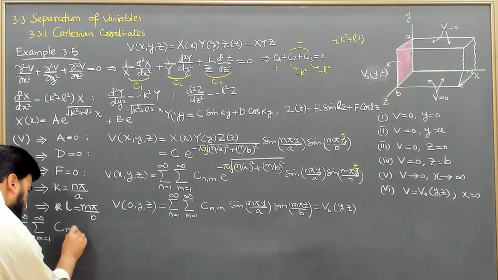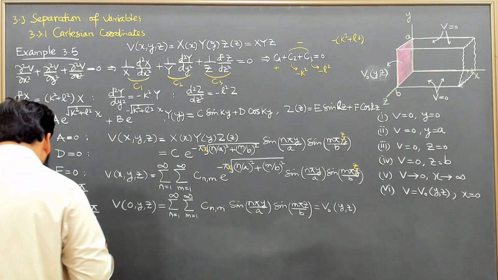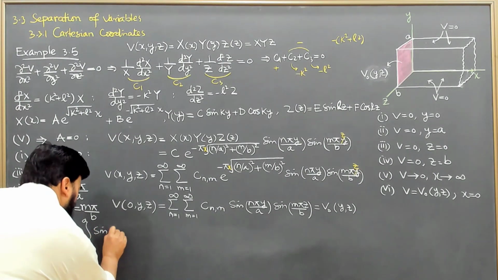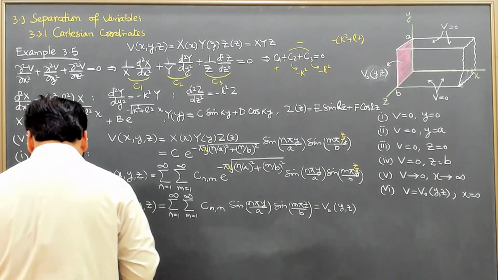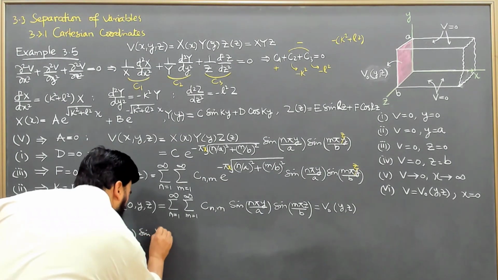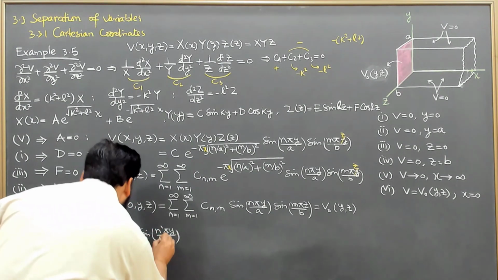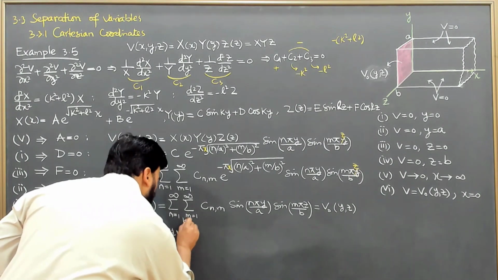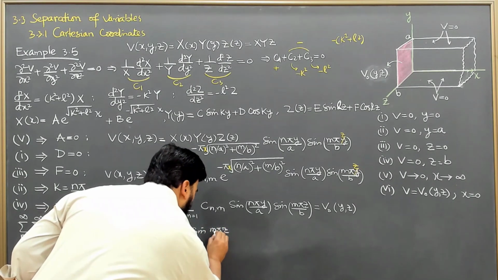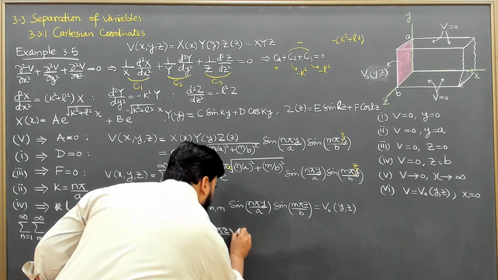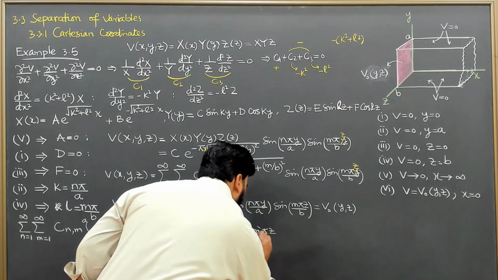C_nm, and then I integrate from 0 to a sine n pi y over a, and I multiply this thing with sine n prime pi y over a, and then I integrate 0 to b sine m pi z over b, and this is multiplied with sine m prime pi z over b.